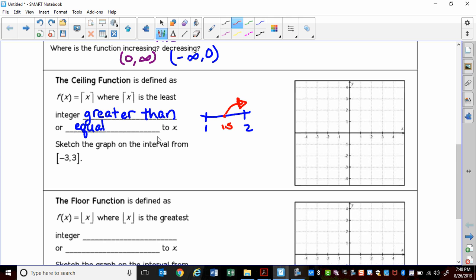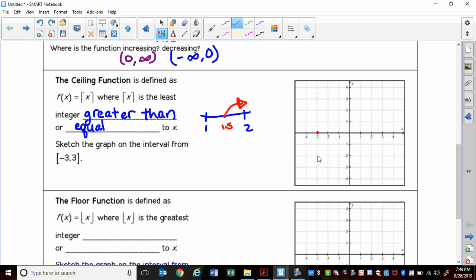Okay? We're going to sketch the graph from the interval of -3 to 3. So right here at -3, when we substitute in -3 into x, it's just going to give us -3. But anything over -3 is actually going to shift up to -2.